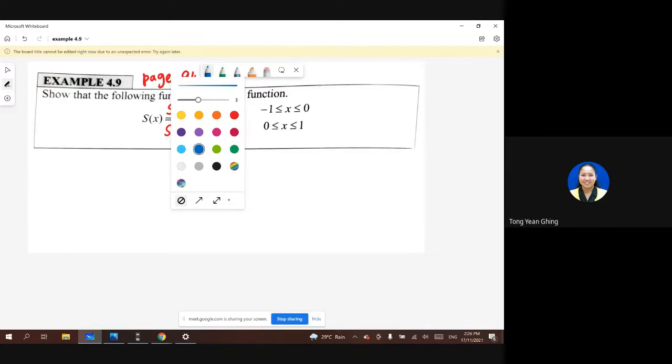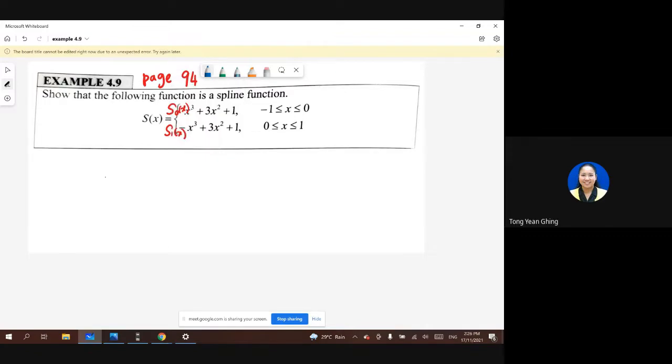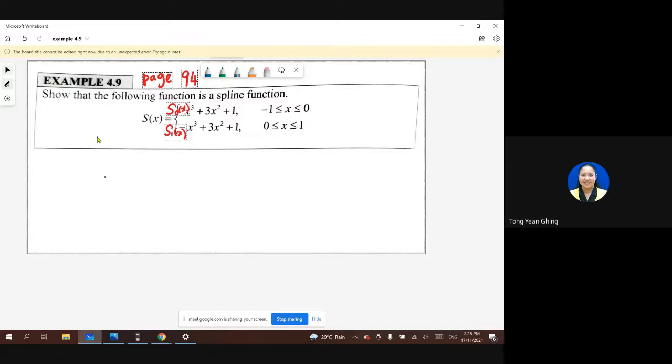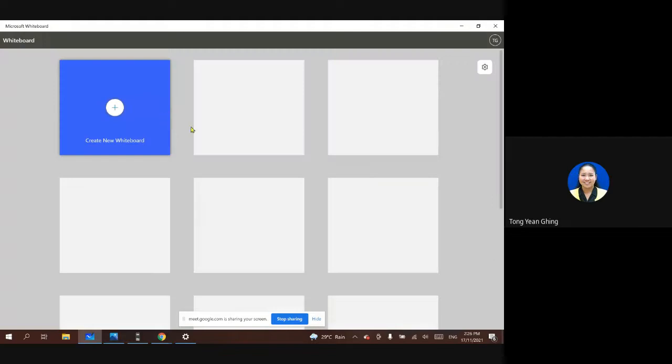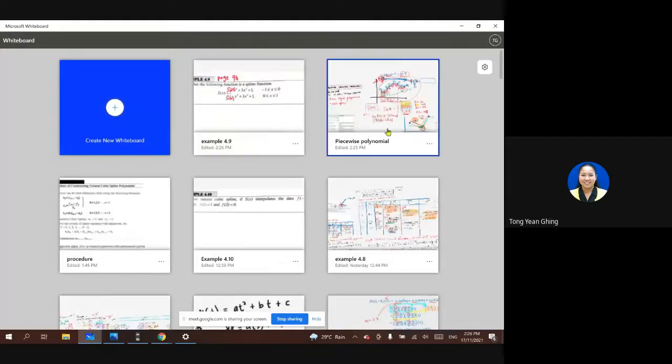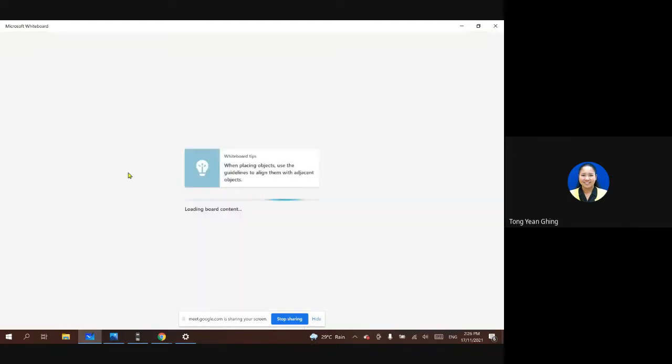First and foremost, go back to the criteria from just now. I should have pasted it here so it is easier to see the criteria. So I paste the criteria here. Wait, I go back to the criteria. Copy and paste here.